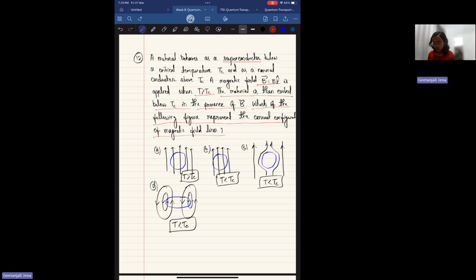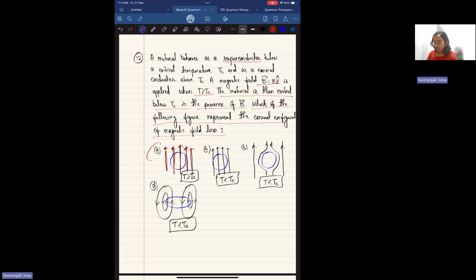So I think you can easily find out the answer to it. For T greater than Tc, you can see that the superconducting state will vanish. So that means the magnetic field lines will pass through this material for T greater than Tc.